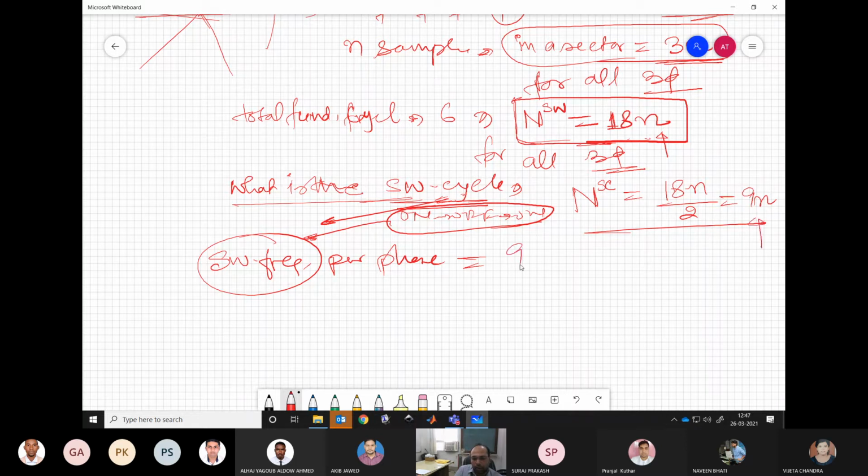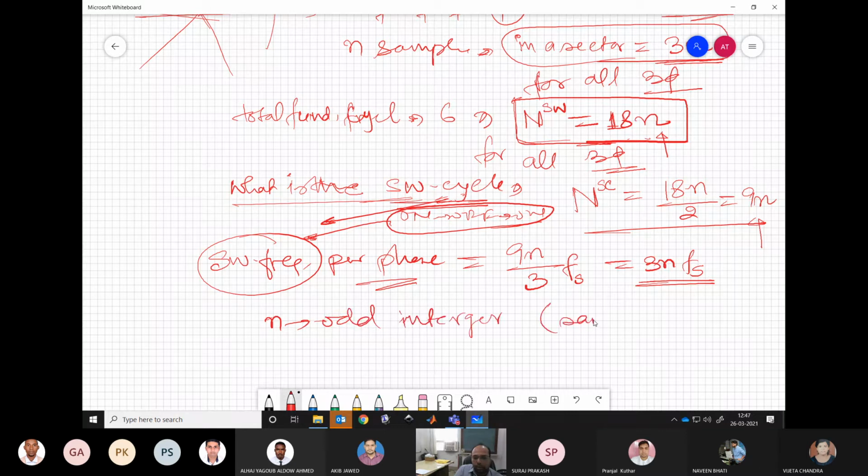So this would be 9n by 3 because per phase, and then times the fundamental frequency. So this again comes back to 3n fs, where n is any odd integer. This is the number of samples in a sector.